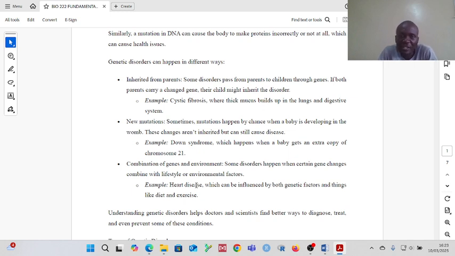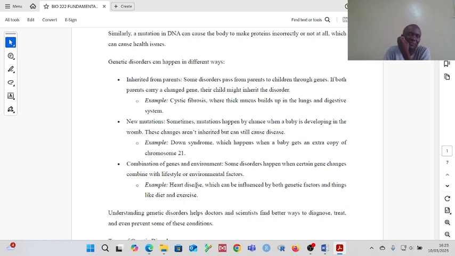None of the parents had it, but it's beginning with that particular individual. Such a mutation occurring as a new mutation was not in the genealogy of this individual. Most of the time they are not inherited, but still they will cause disease.